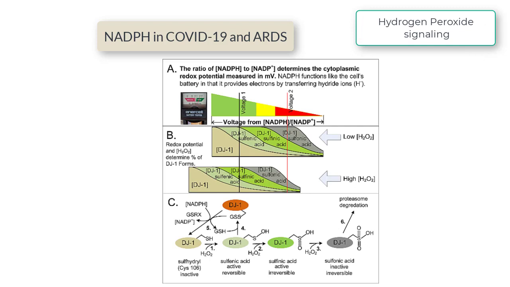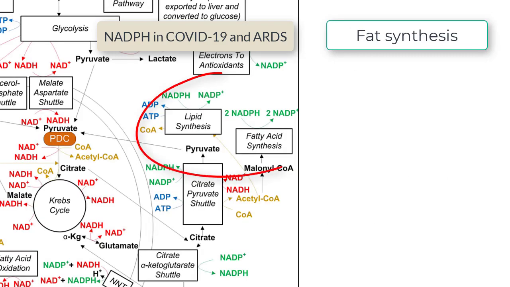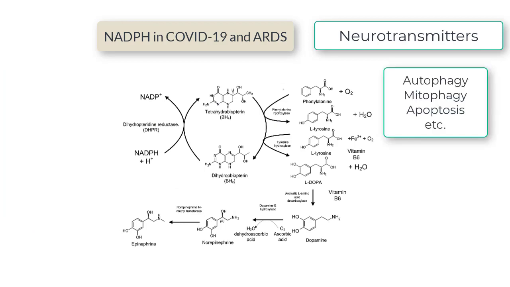It modulates redox-sensitive chaperone DJ1, which senses hydrogen peroxide as a signal. Mitochondria clearing of the hydrogen peroxide. Fatty acid synthesis. Neurotransmitter synthesis, adrenaline synthesis, mitophagy, autophagy, apoptosis.